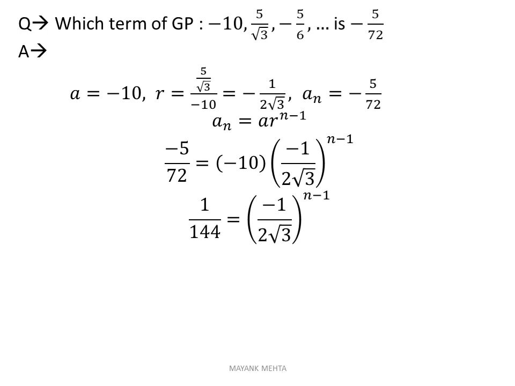We will simplify it. So the minus minus sign will cancel, and on the left hand side it will be 1 upon 144. And on the right hand side you will get minus 1 upon 2 root 3 raised to n minus 1.